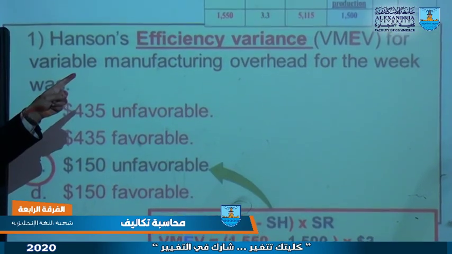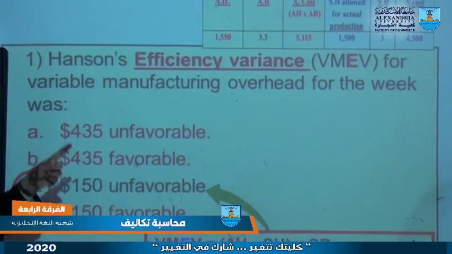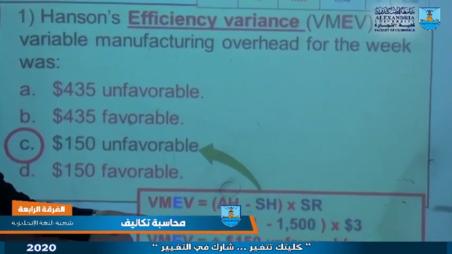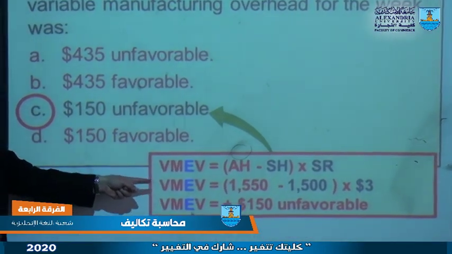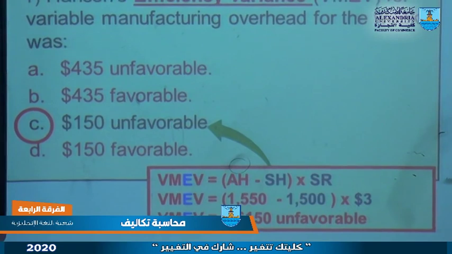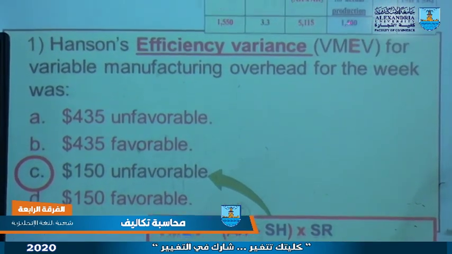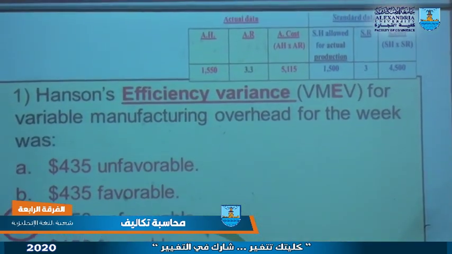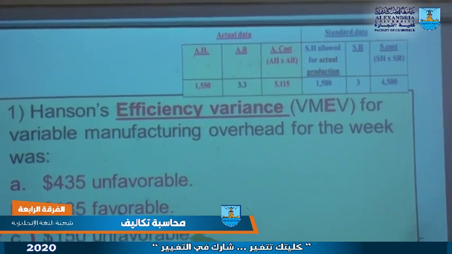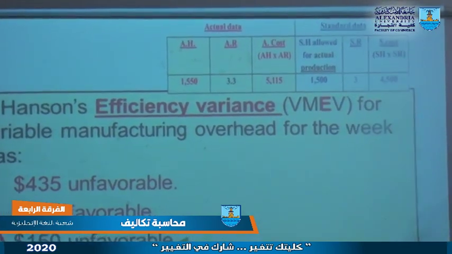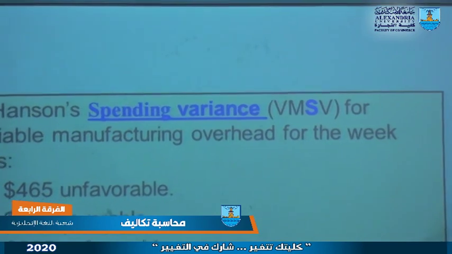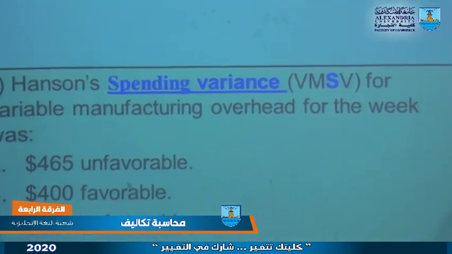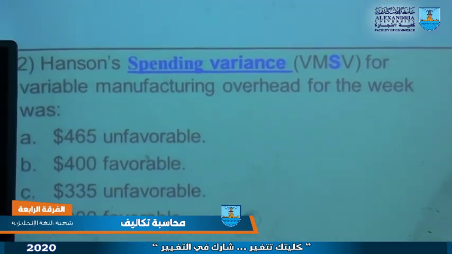Do you remember this is my table, and this is my efficiency equation: actual hours, standard hours, times standard rate. So this is my correct answer. If my problem is to calculate the spending variance, here don't choose, you have to calculate.